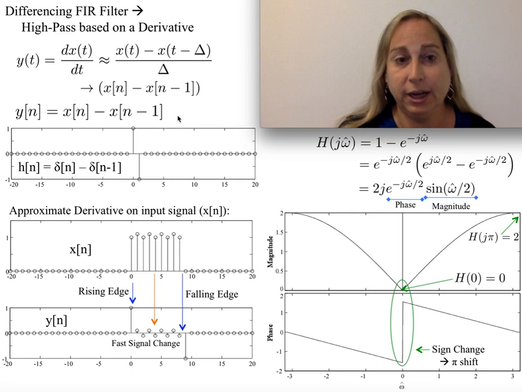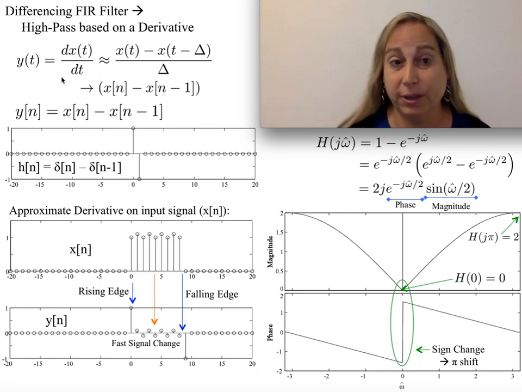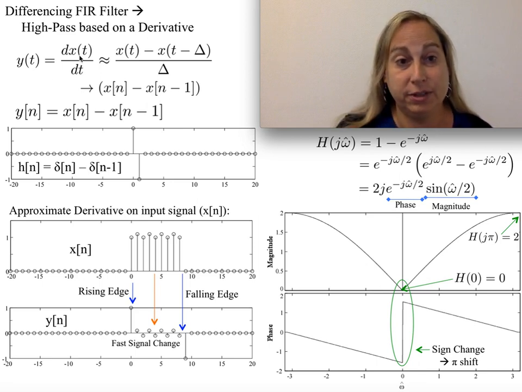And where this concept really comes from is saying I want to make an approximation. It's usually meant to be a high-pass filter kind of starting point. But the real perspective is, what would happen if I had a derivative? y of t equals dx of t over dt, that you may remember from somewhere. And what's interesting is that will be x of t minus x of t minus some delta behind that, over that delta.